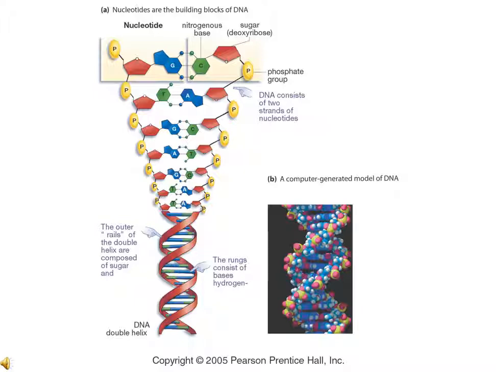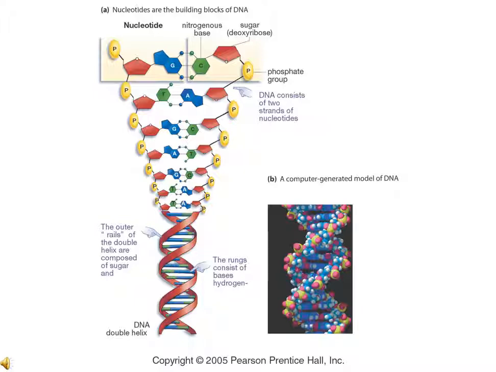Therefore, A-T, G-C, that is the binding characteristics of DNA. The DNA, of course, will form the double helix that all of you are familiar with. But for right now, we will defer any more discussion of DNA until we get into the genetic code.